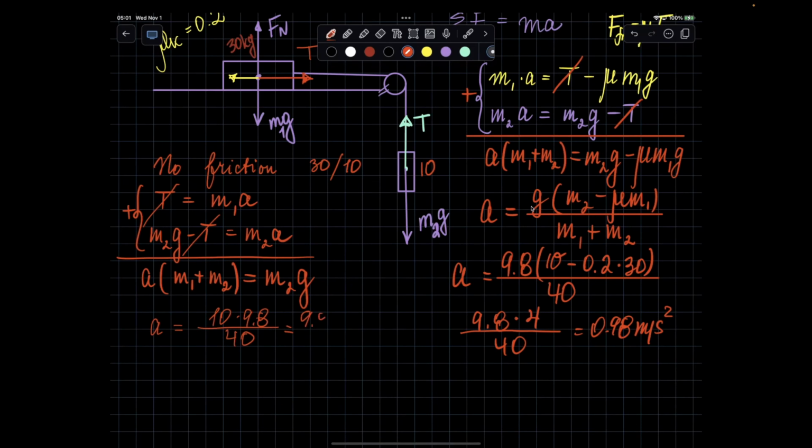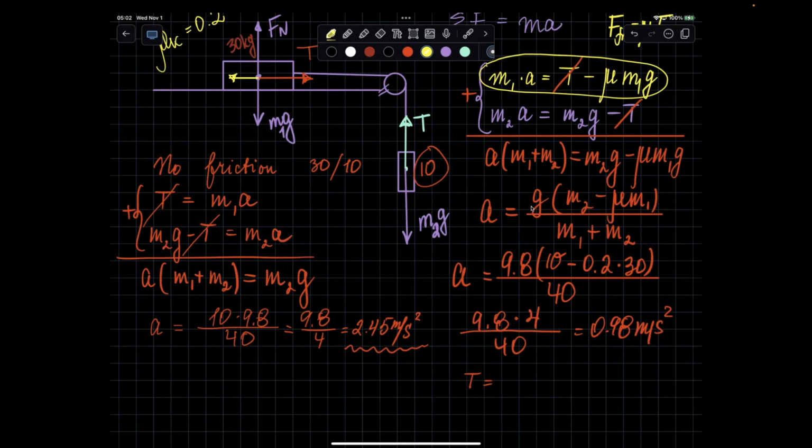So 9.8 over 4 meters per second squared. So 2.4 meters per second squared if we had a heavier mass, which is 10 right here. This is the force of tension, 88.2 newtons. This is with force of friction.